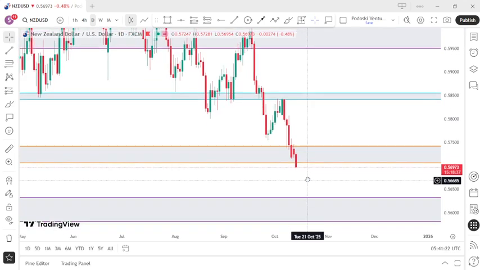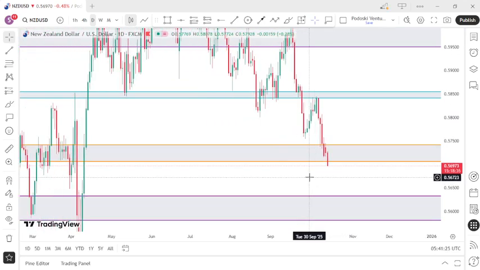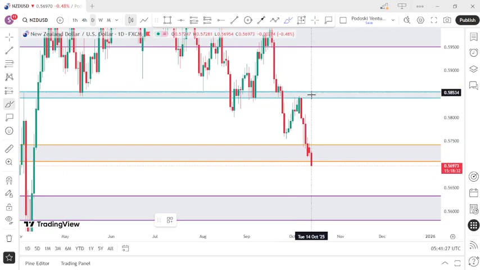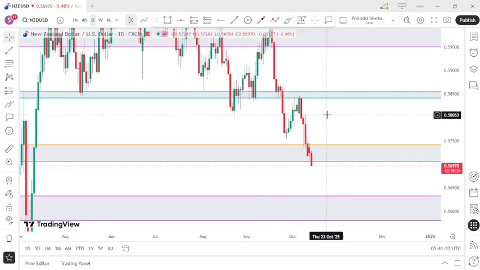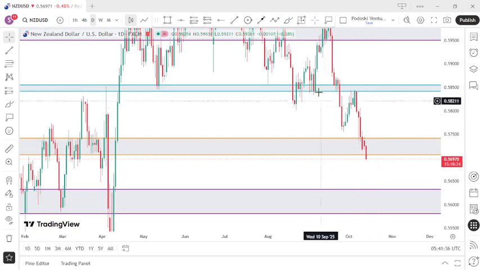Okay, so on the daily time frame, I have my daily upper zone here, my daily upper zone there. So we saw price coming back for retest at the daily zone.